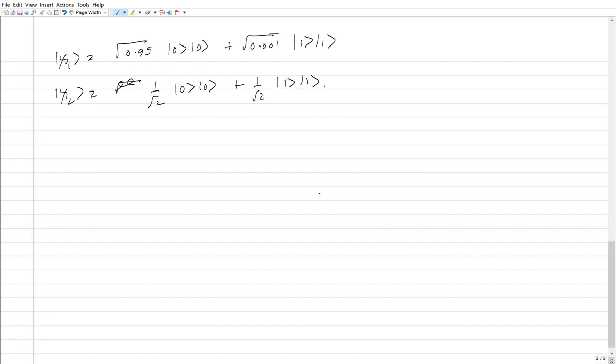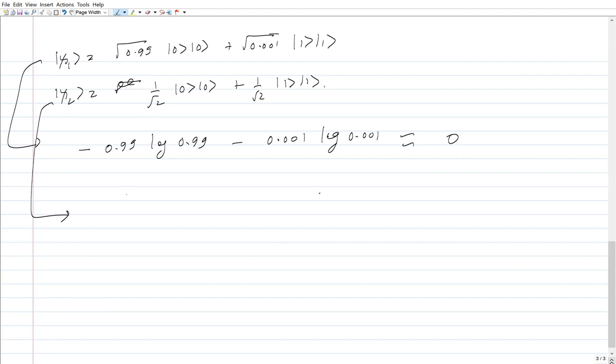When I calculate the Shannon entropy associated with the first, this will come out to be almost equal to 0.